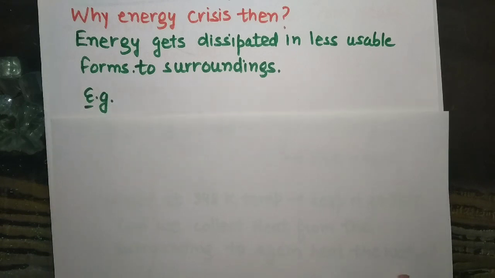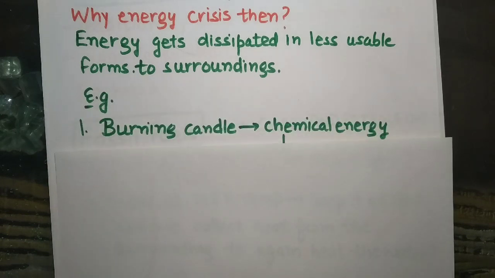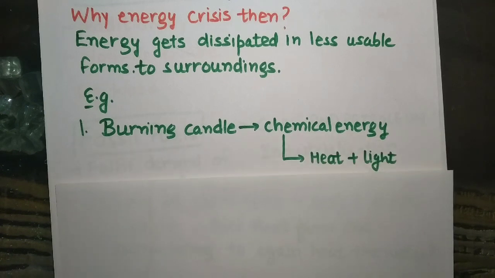Now I will give you two examples. The first example is a burning candle. A burning candle gives us chemical energy in the form of heat and light. But this heat and light cannot be collected to take back the same chemical energy that the burning candle is giving.